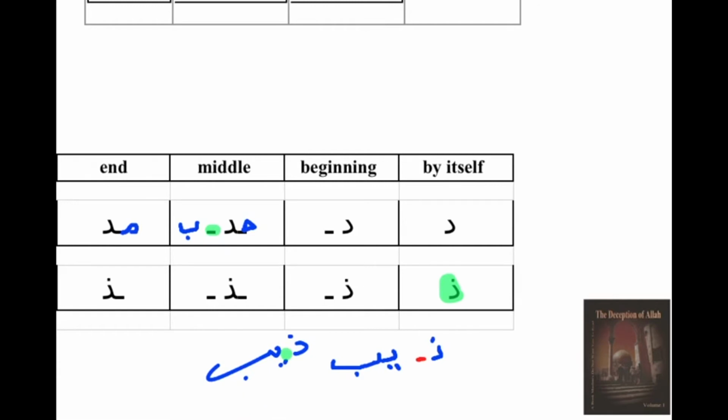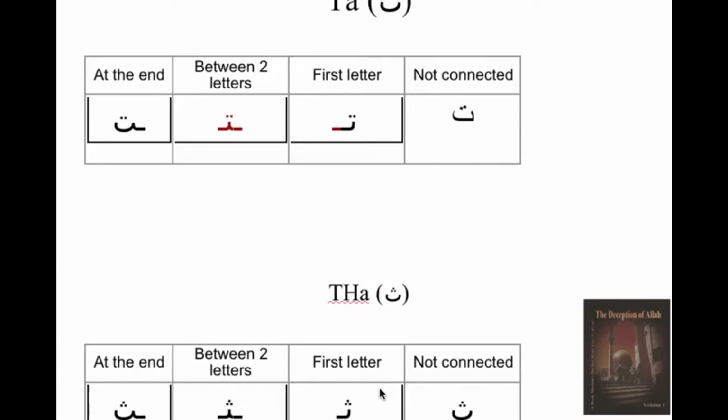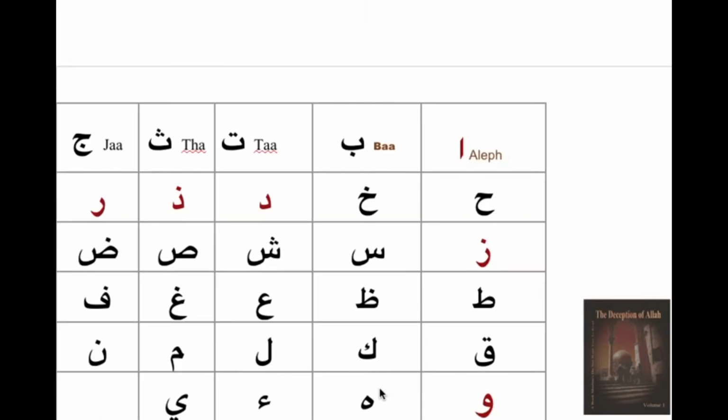Don't be confused about Dha and Za. Let me go back up so you can see what I'm talking about. You see here we have two letters. We have letter Za, as if you are saying in English Z. Let us make it big.